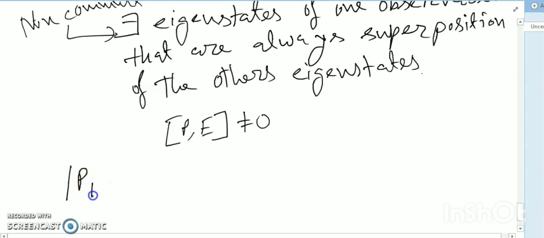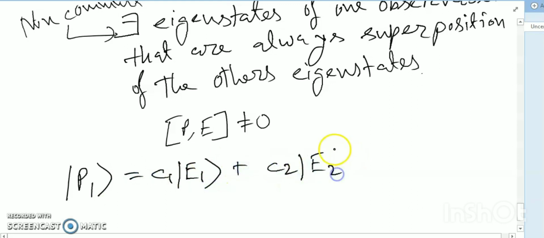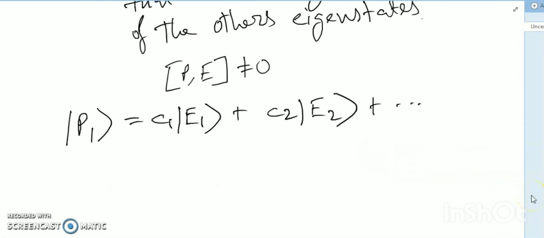So P1 equals C1 E1 plus C2 E2 up to infinity. So you are uncertain about the energy until you make a dedicated energy measurement. But when you measure energy and collapse into any energy eigenstate, you can now be in a momentum superposition and be uncertain about the momentum.